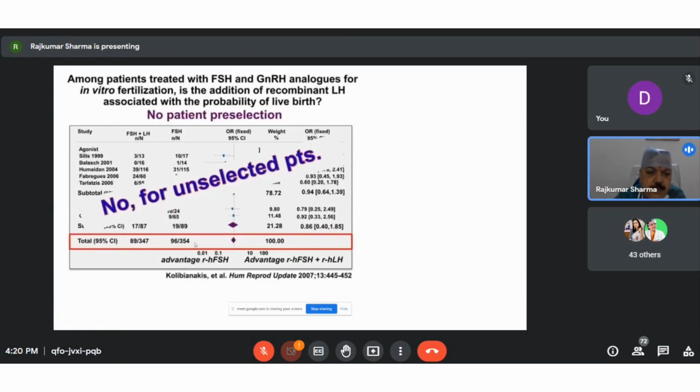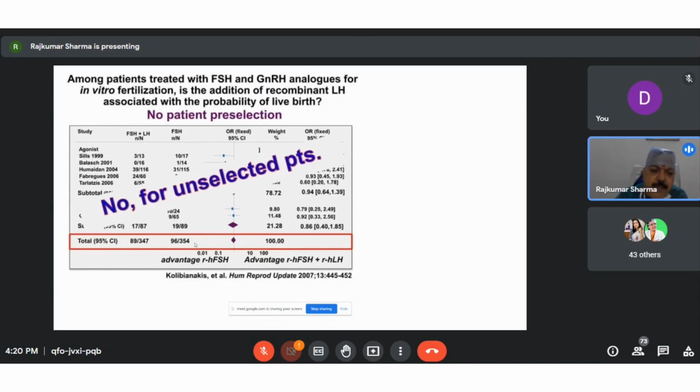There were various studies which have shown that in patients who are on stimulation with FSH and GnRH analog, that is your conventional protocol, compared with patients where they added recombinant LH, and they studied the live birth with no patient selection, they found that it was not essential.